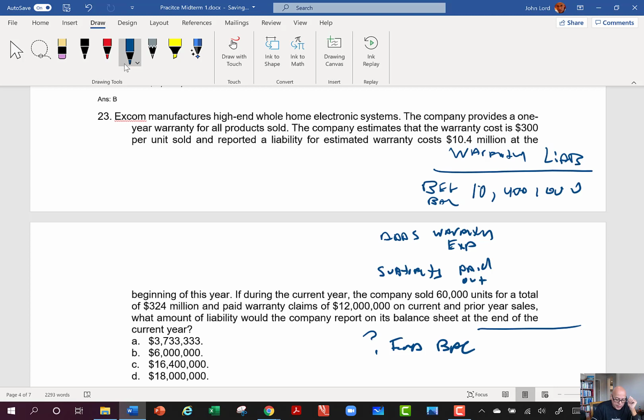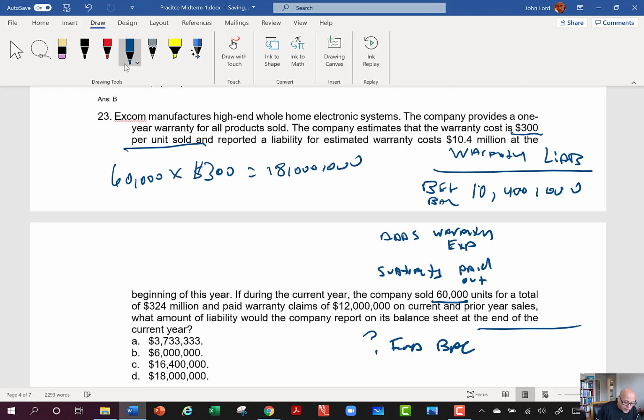Now, I have to figure out the warranty expense for the period, and they tell me that the warranty costs $300 per unit sold, and that they sold 60,000 units. So 60,000 units times the $300 per unit, if I'm doing my math, 300 times 60,000 gives me 18 million.